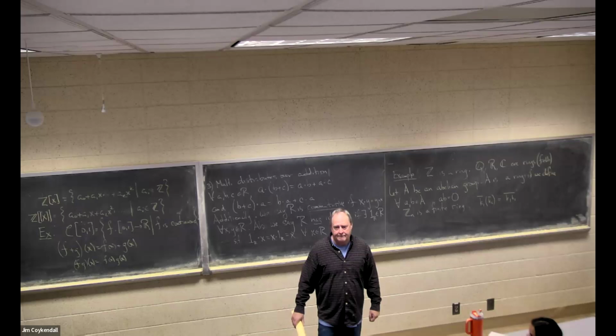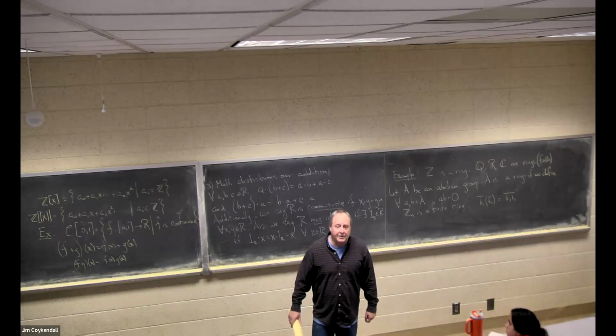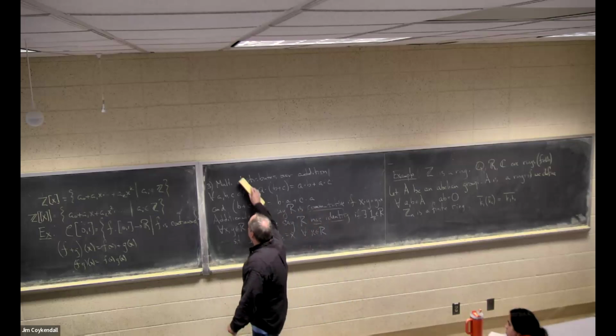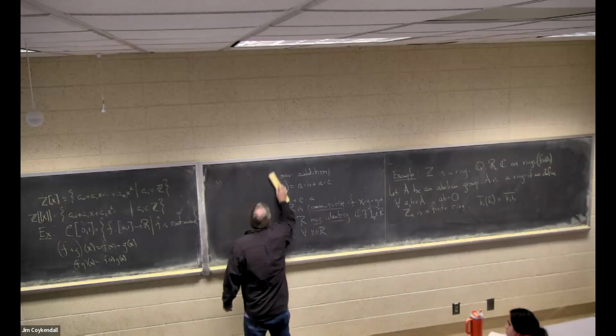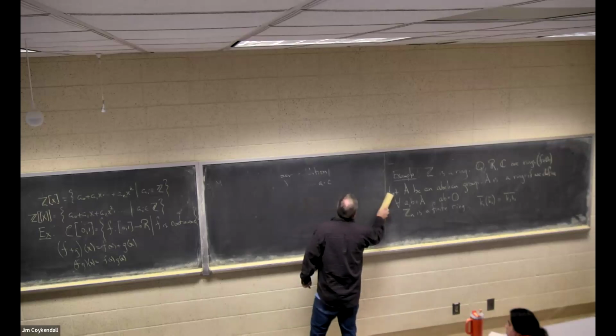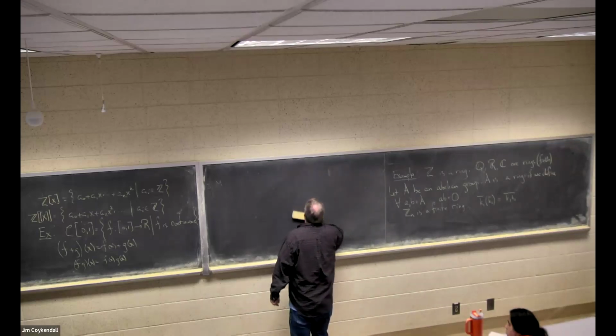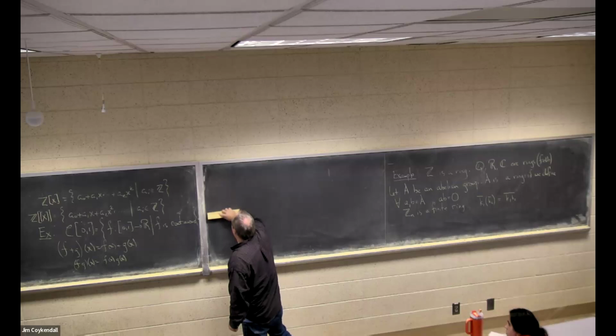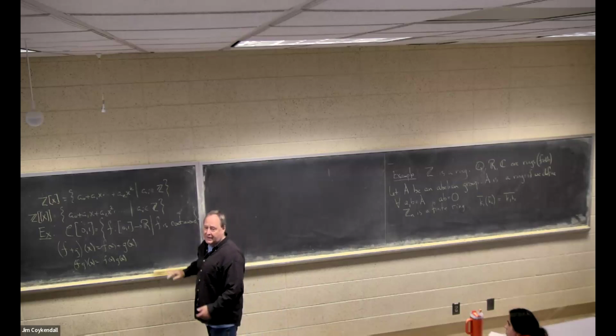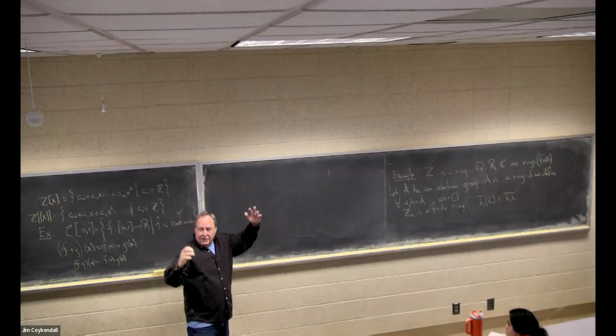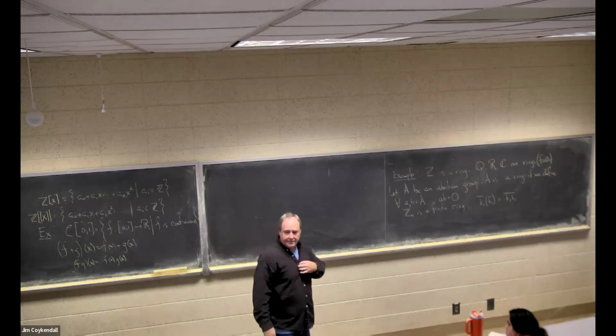Then they're talking about the multiplicative one. If they ask you what's the identity of this ring, they'll probably have to tell you what the multiplication is first, and then they say, what's the identity? They're talking about the multiplicative identity. Can you give me an example of a ring that doesn't have an identity?